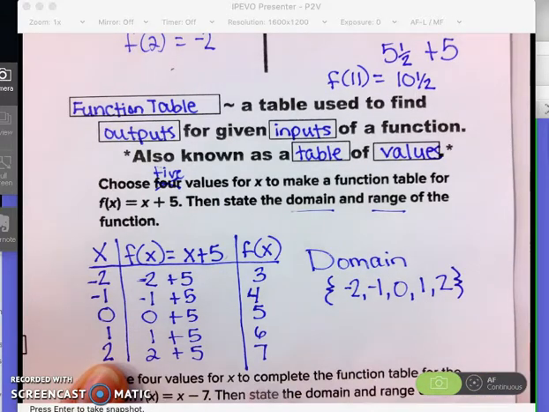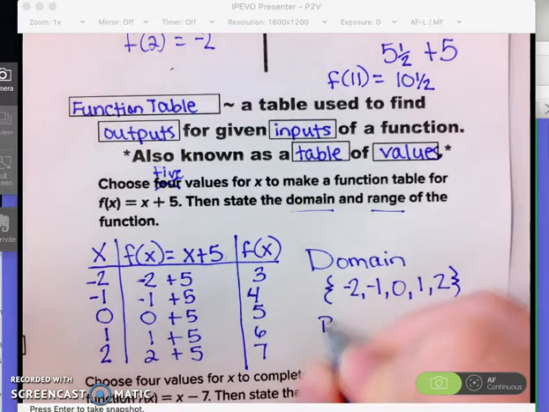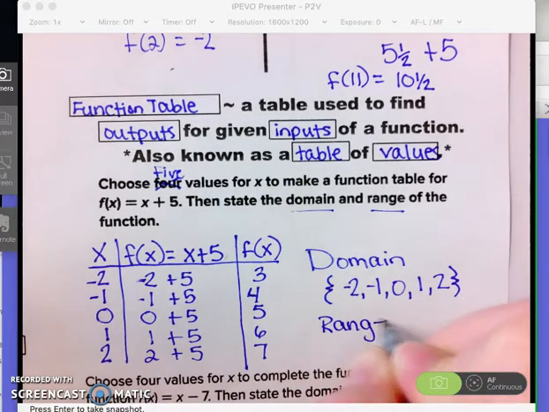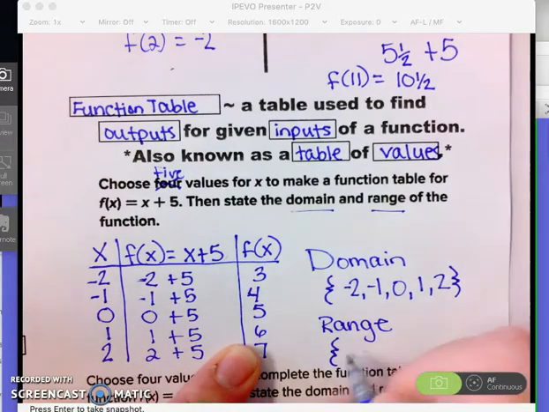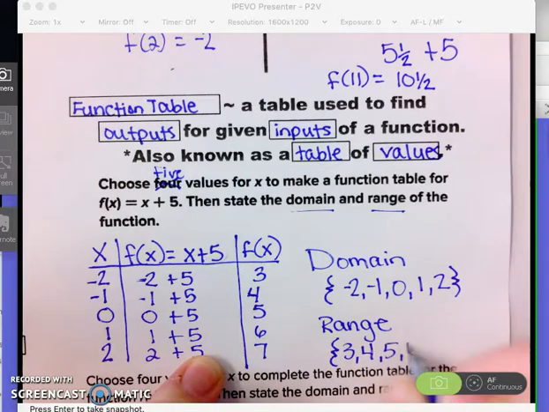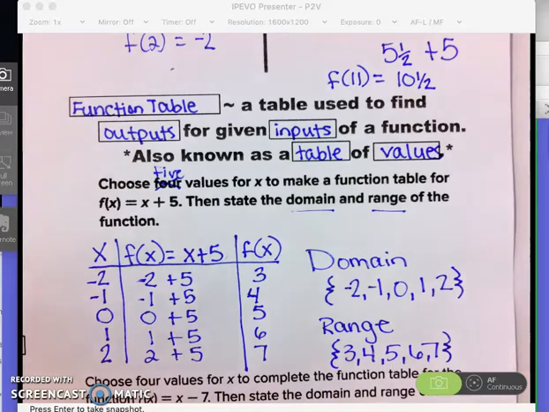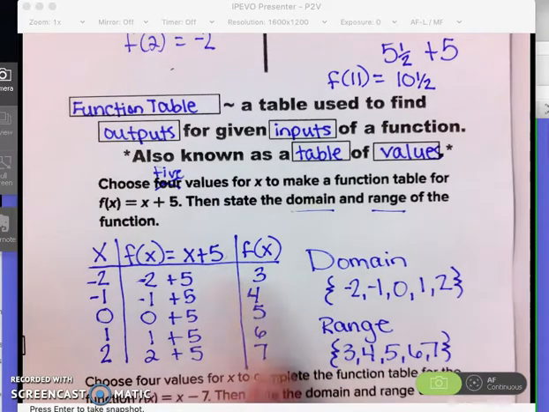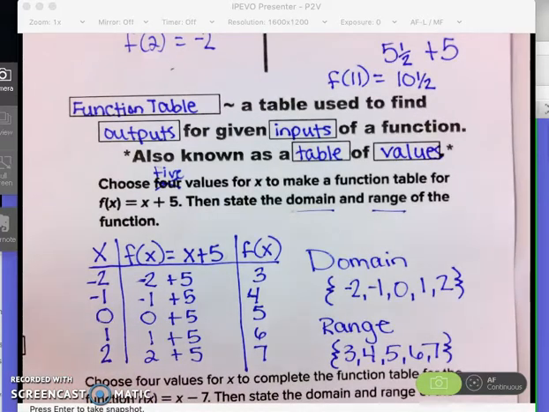So our domain is all our x values, and then our range, or our output, is going to get all the numbers that we got out of it. Remember again, least to greatest. You don't want to double up any numbers. So if I had more than one number over here or over here, you want to only write it one time.